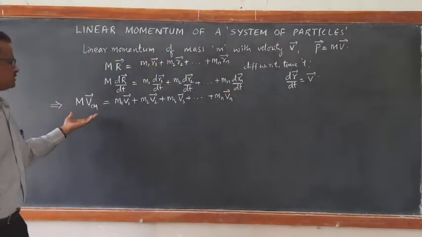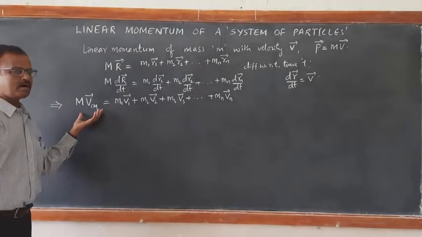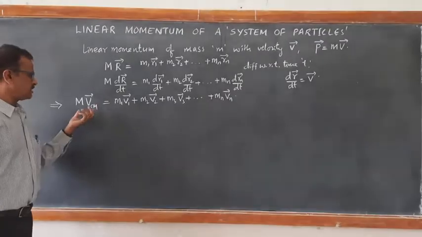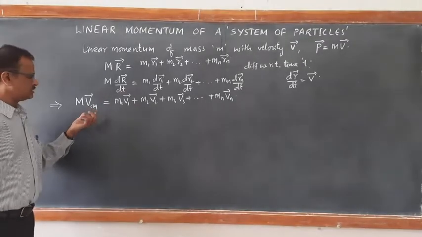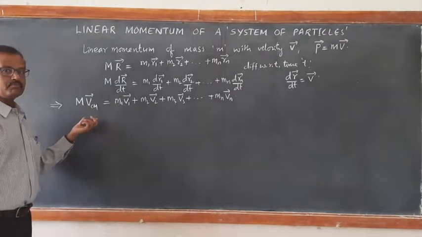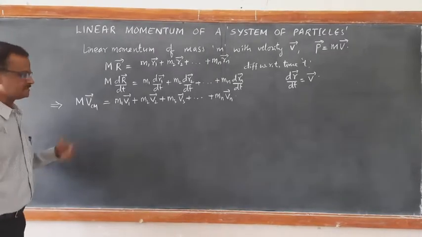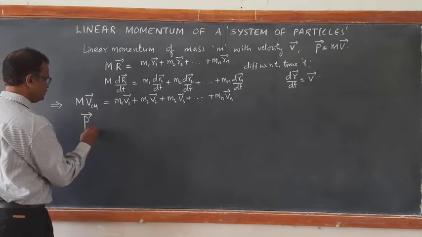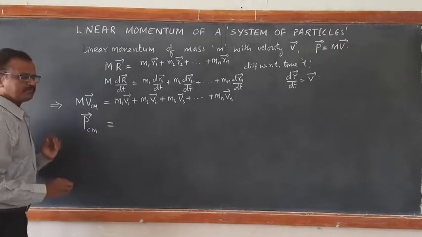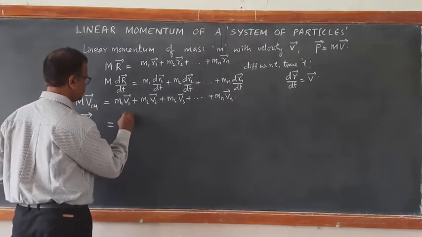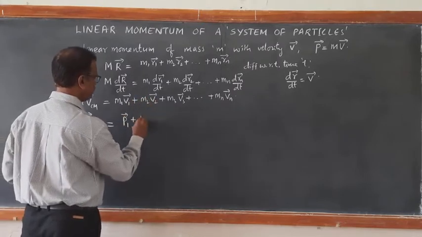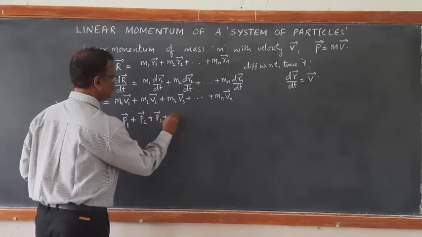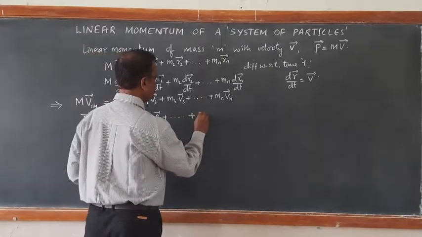This is the product of the mass of the total system of n particles and the velocity of the center of mass. The left hand side gives us the momentum of the center of mass. So I will write the momentum of the center of mass, PCM, is equal to the vector sum P1 plus P2 plus P3 and so on up to Pn.